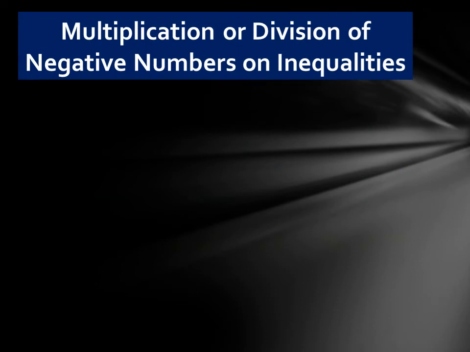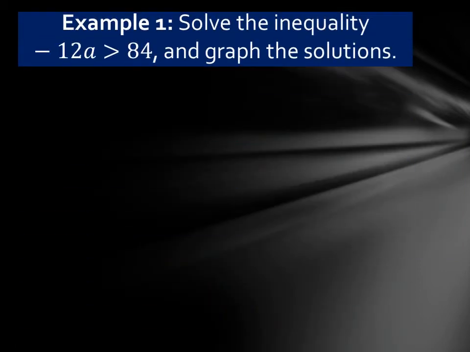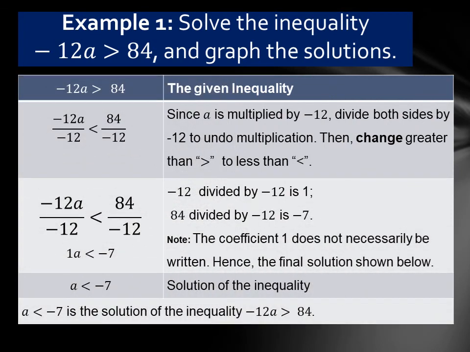Multiplication or division of negative numbers on inequalities. If you multiply or divide both sides of an inequality by a negative number, flip or reverse the direction of the inequality sign. For example, solve the inequality negative 12a is greater than 84 and graph the solutions. First, we rewrite the given inequality.